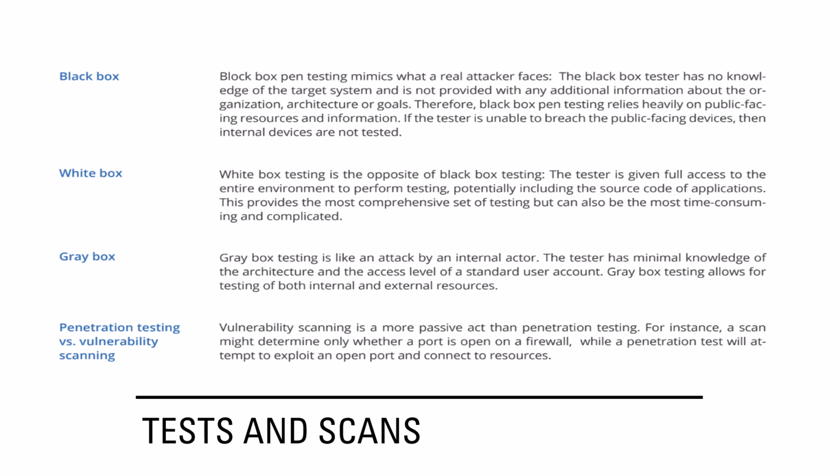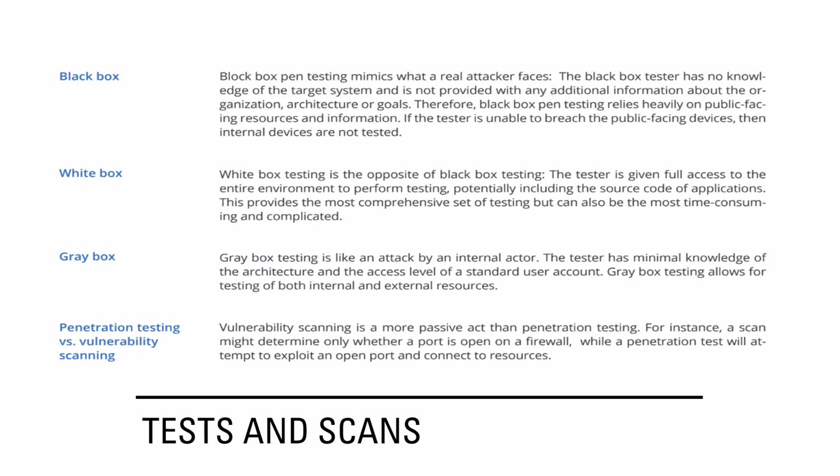Whereas with black box, you're testing things, but there's no list of what they want you to test. You're trying to figure out what you can find that's vulnerable. If there's nothing vulnerable, then there's just nothing that you find. And that doesn't mean that there's nothing vulnerable. That just means that you didn't find it. With white box, they might tell you everything on a whole big list: I want you to test this, and this. So that might take you some time.